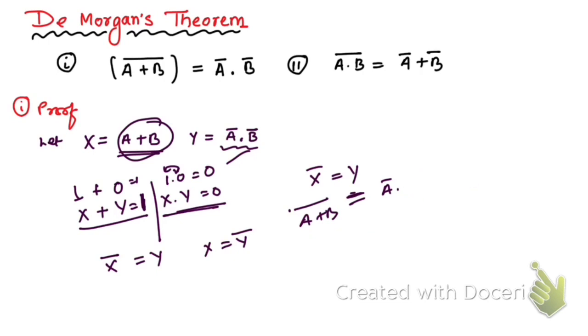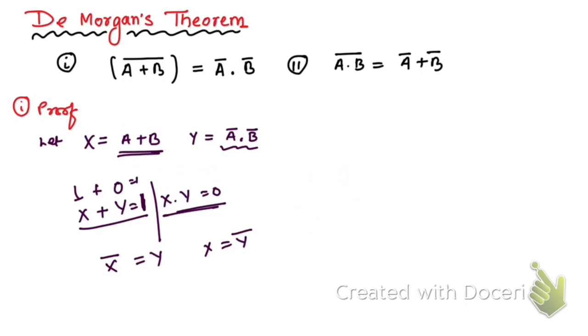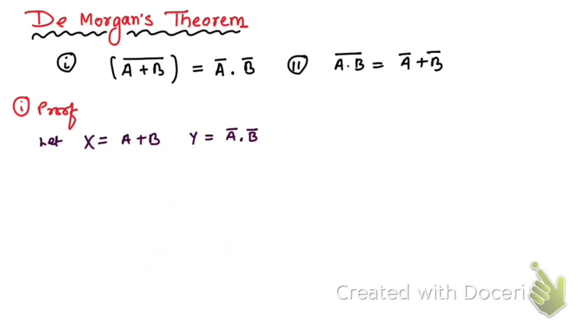So now let me prove this one. It's very simple. Let me clean these things first. First let us find x plus y. That's going to be a plus b plus not a dot b, or you can say complement a dot b here.